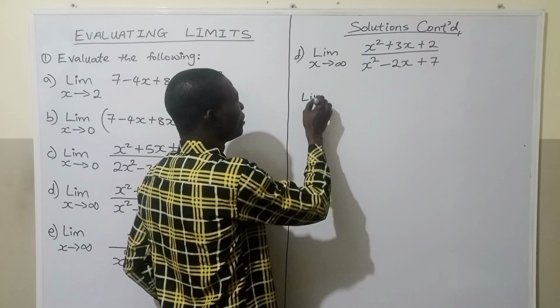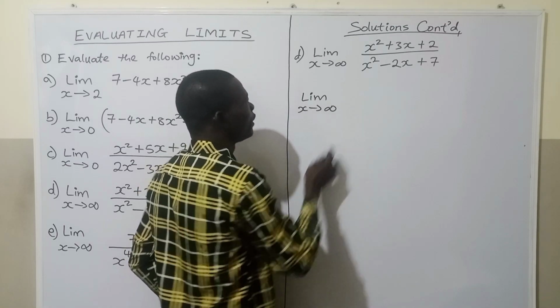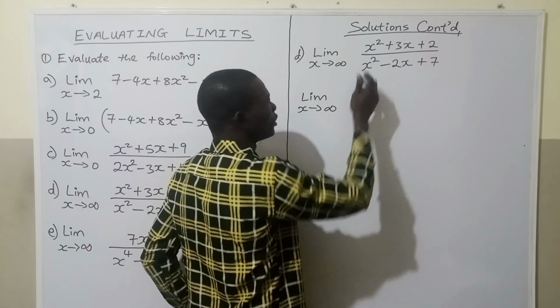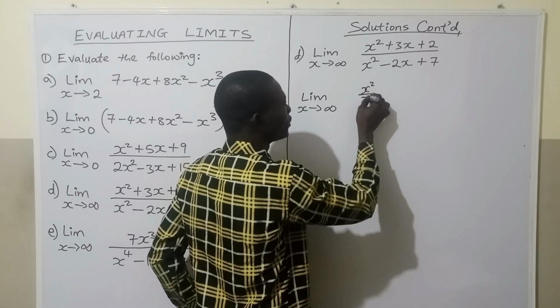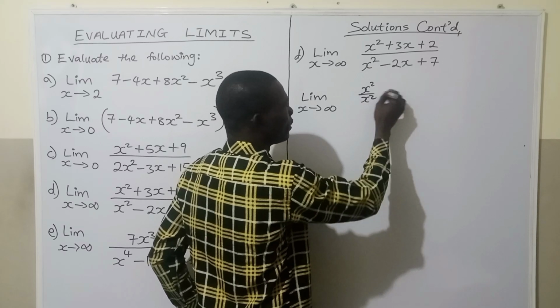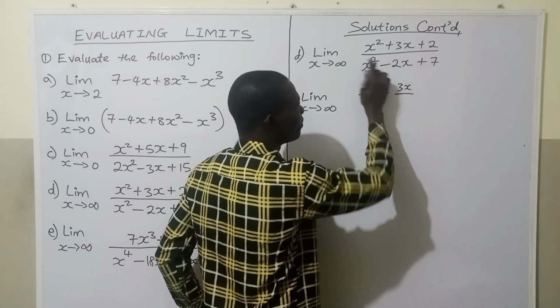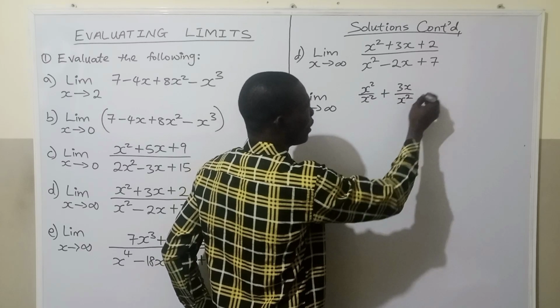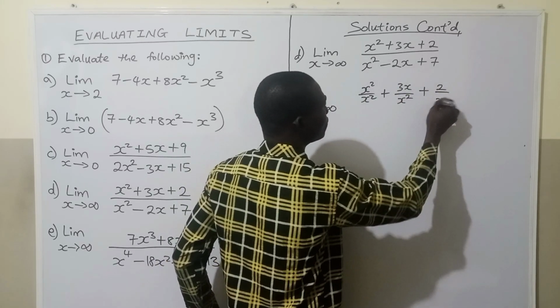So what does this limit become? It means that this limit becomes limit as x tends to infinity. So we have x squared here. So it's going to be, for the numerator first of all, x squared over x squared, then plus 3x also over this same x squared, and then plus 2 over this same x squared.